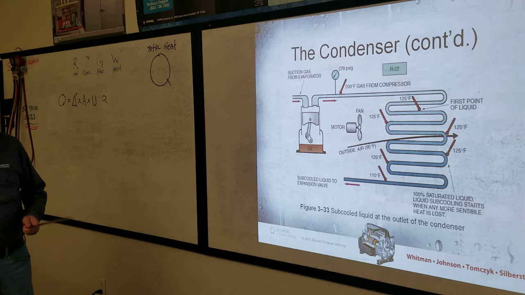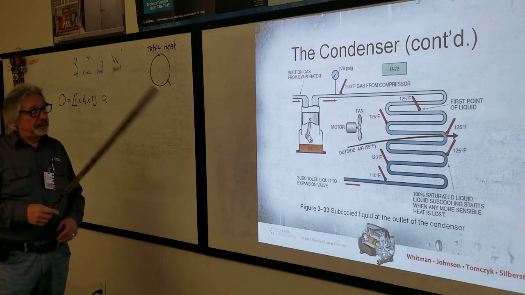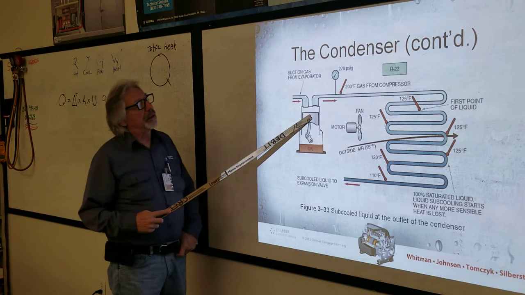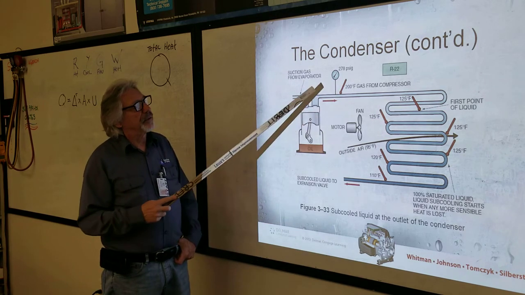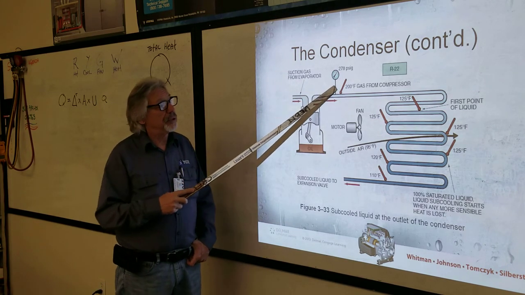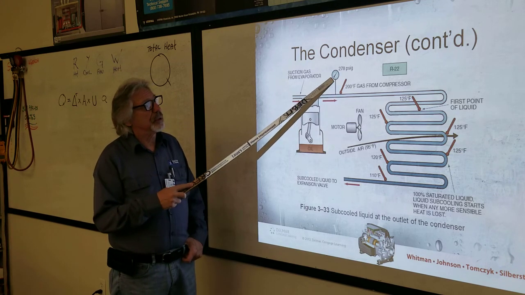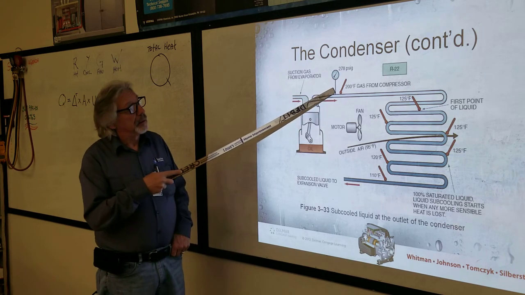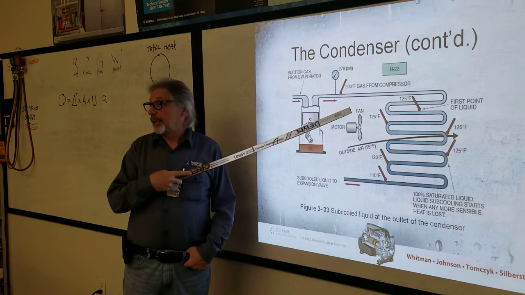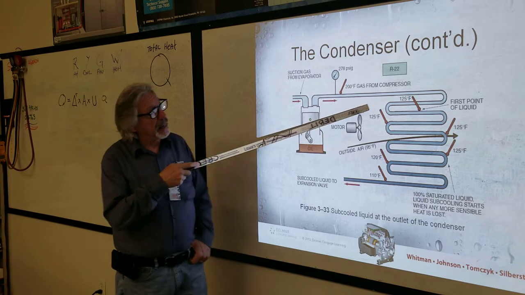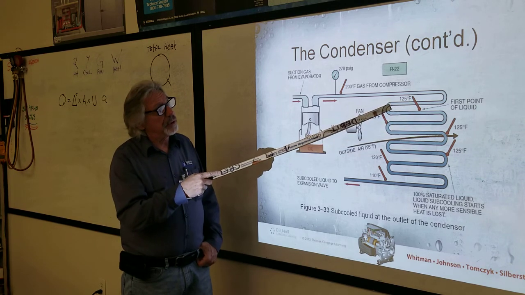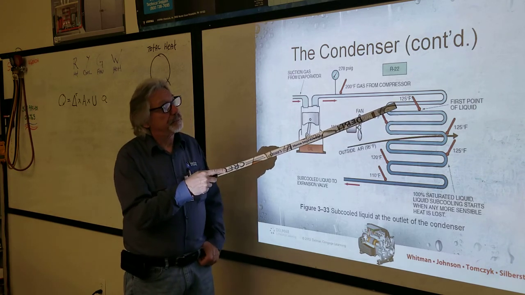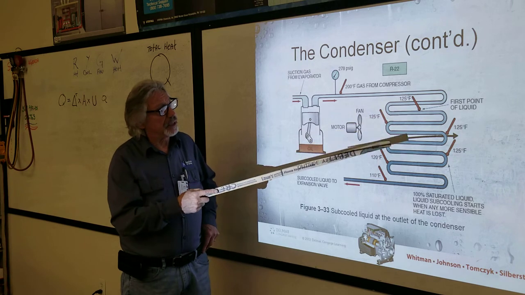Okay, so here's a cartoon of the condenser. It comes out of the compressor at roughly 200 degrees Fahrenheit. The pressure on that side of the system is 278 PSIG. As it travels through the condenser, it drops down in temperature to the condensing point, which is 125.